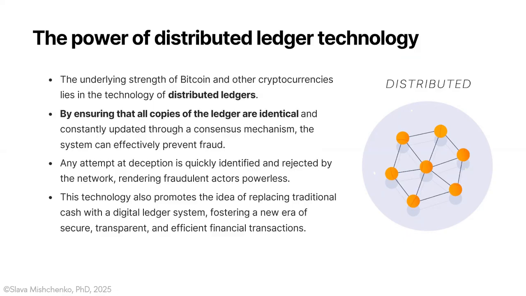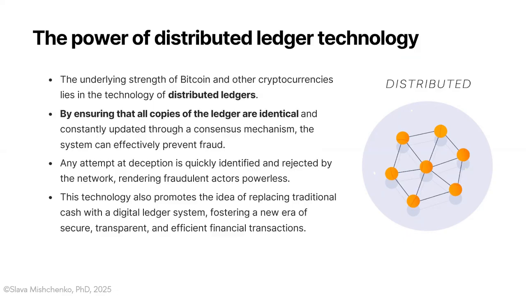And I really believe this technology represents a fundamental shift in how we think about money. For example, if you consider traditional cash, it's physical, it can be lost, stolen, or counterfeited. But with a digital ledger system, we have something that's simultaneously more secure and more efficient.